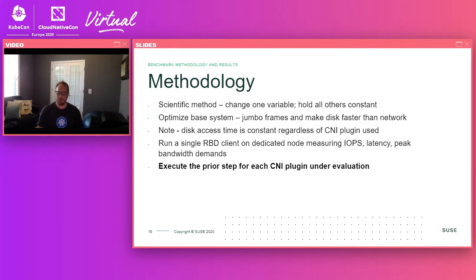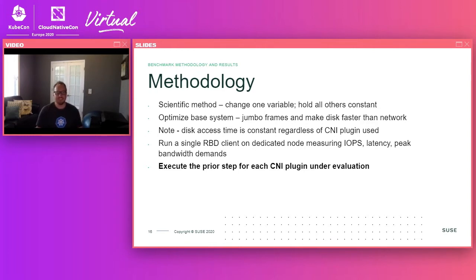So we've got jumbo frames, or a maximum transmission unit, or MTU, of 9,000. And we want to use the fastest disks we can so the disks are faster than the network. We don't want the disk to be the bottleneck here. We want the network to be the bottleneck so that we can change parameters on that and see how those different configurations influence the performance of the system.